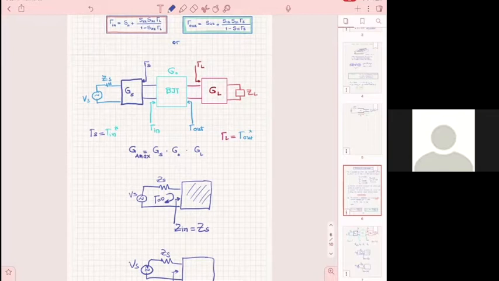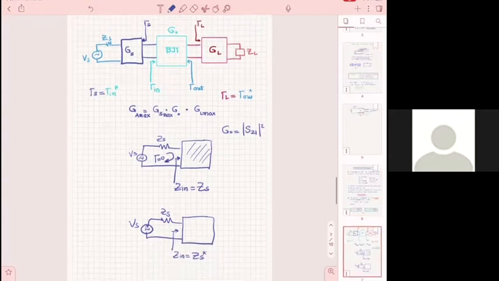So that becomes maximum, therefore this becomes maximum, and this becomes maximum. The one in the center remains the same. Why is that? Because if you remember, the one in the center is equal to S21 square.